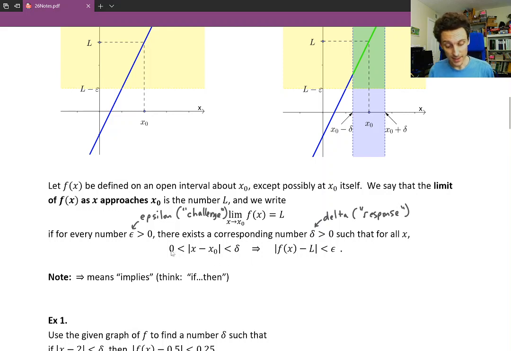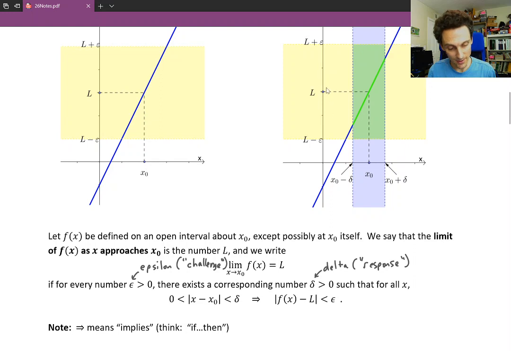But basically, this is saying that for every epsilon challenge there exists a corresponding delta response, so some number, and delta is going to have to get smaller the smaller epsilon is, such that for all x being delta close to x naught implies being epsilon close to L. Here are all our function values, f of x, and they're within epsilon of L. Then this limit exists.